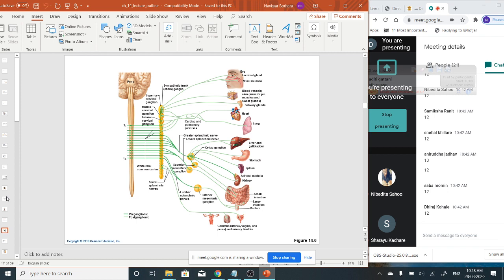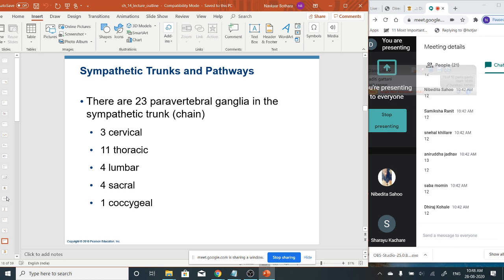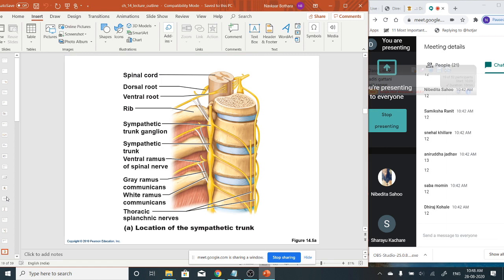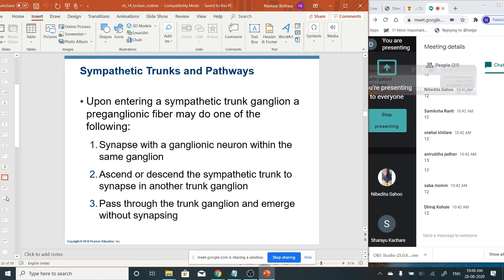You read it again from physiology. So these are the various ganglia which are there. You just read this topic well from physiology. How they are acting, I will not cover again. Sympathetic trunks and pathways are there, how the synapses are formed, and how the ascending and descending synapsing trunks are there.